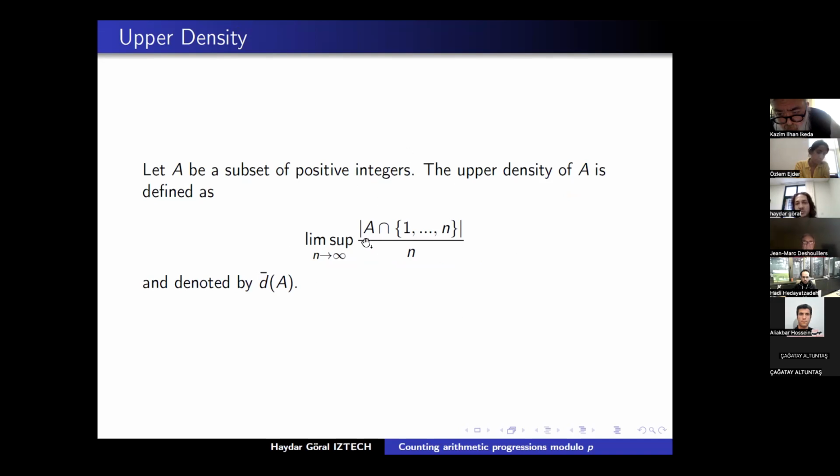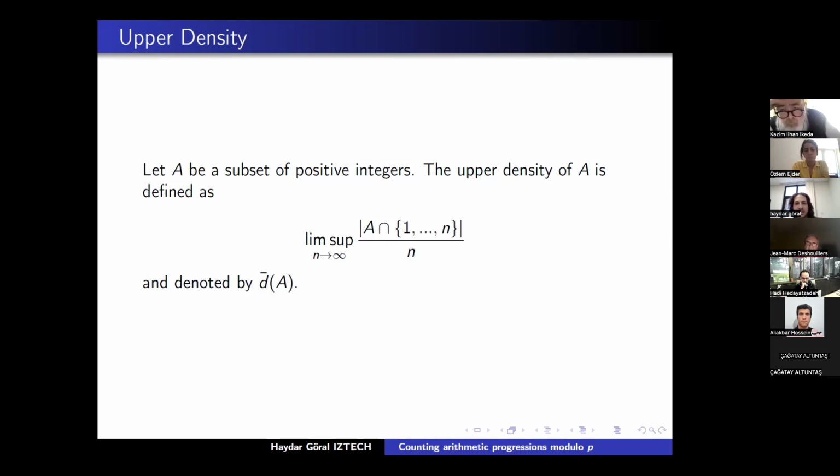You consider the lim sup because sometimes the limit may not exist, but the lim sup always exists. This is denoted by d upper A. So this is the upper density. Of course, similarly, you can define the lower density or natural density, but for the purpose of this talk, the upper density is enough.